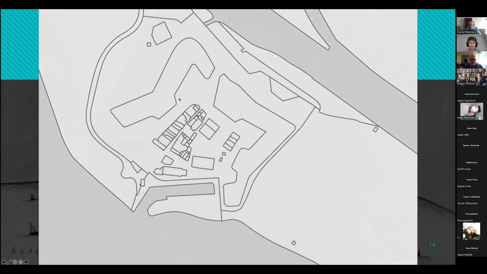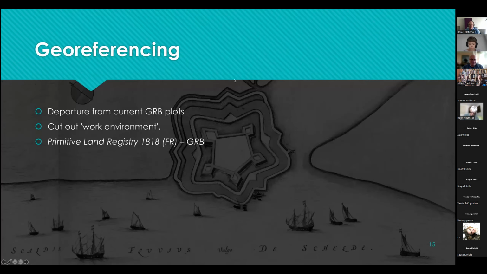Okay, so let's zoom in on Lillo, and this is the outline of the shapes which are there today. These are the water surfaces, for example. This is the harbor, which is there. And then we can try to map old cadastre information that we have from the beginning of the 19th century, because that cadastre information is not older than that.